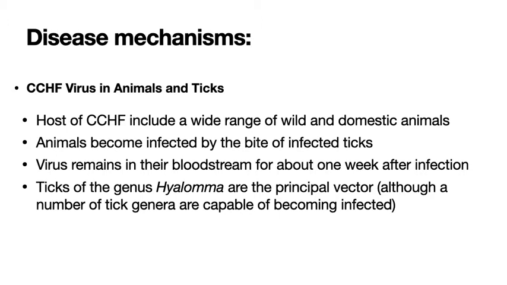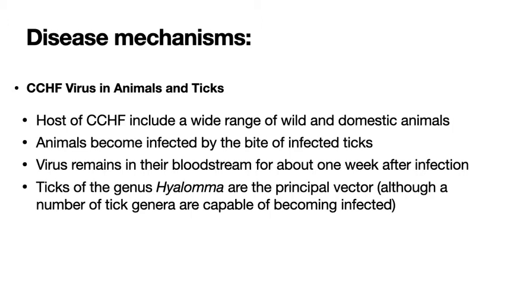I'm going to begin talking about the disease mechanism of CCHF virus in animals and ticks. The hosts of CCHF include a wide range of wild and domestic animals such as cattle, sheep, and goats, also ostriches. Animals become infected by the bite of an infected tick.